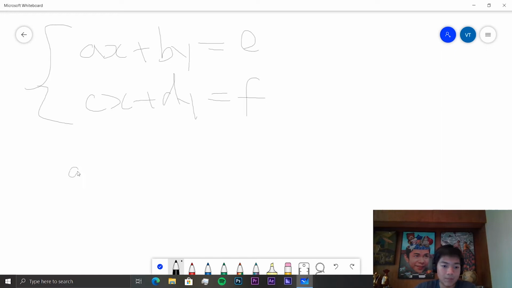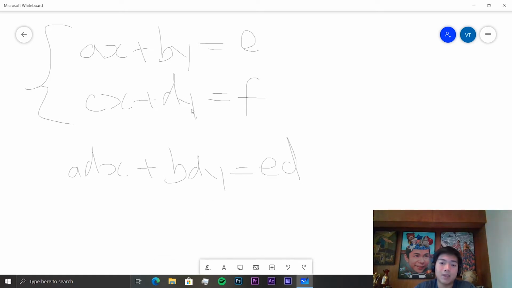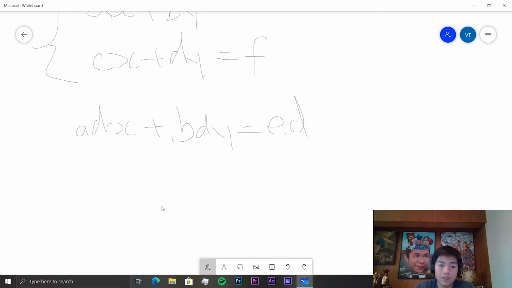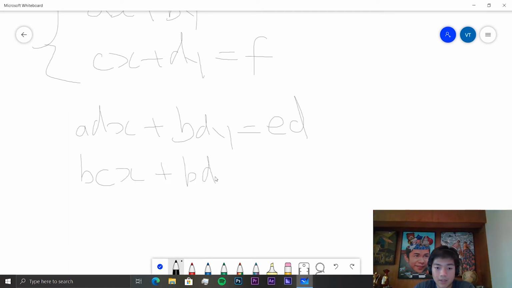So we have adx plus bdy is equal to ed, and this is to make the coefficients of y equal. So we have bcx plus bdy is equal to fb, or bf really, it should be de and bf.